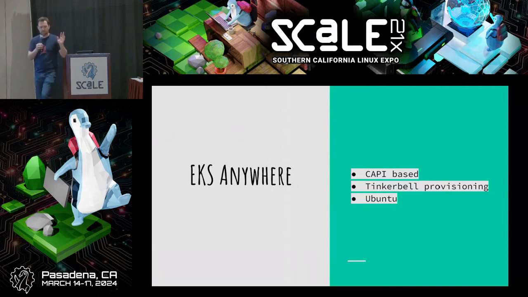EKS Anywhere has the same kind of model of admin clusters that create other clusters. Surprisingly, EKS Anywhere doesn't run any of the Amazon Linux distros. Politics. So we originally shipped it with Ubuntu, and then we had to shift people over to build their own Ubuntu, and it does support RHEL now, I think. But it's a long process to get to a cluster.